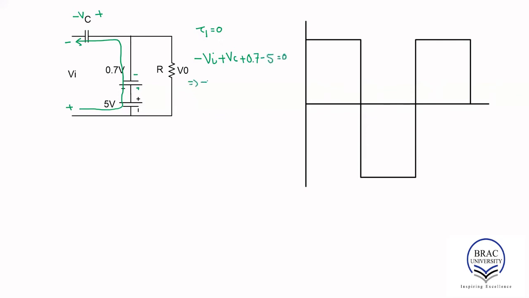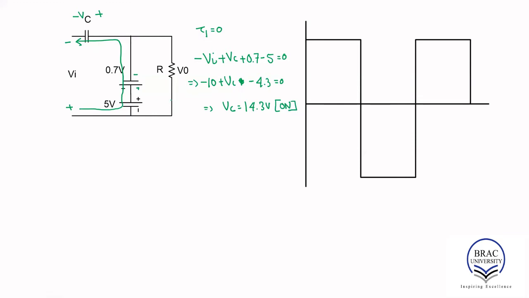So Vi is equal to minus 10, plus Vc, minus 4.3 equals 0. That gives us Vc equals 14.3 volt. So this is the voltage across the capacitor when the diode is on.